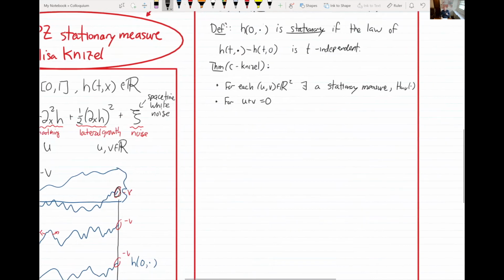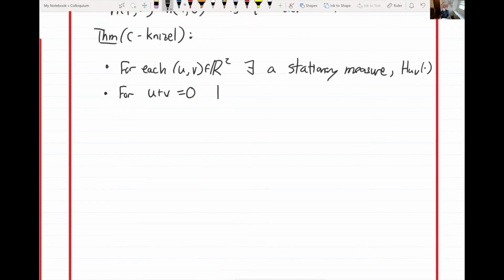So in that special case, the stationary measure is actually just a Brownian motion with drift U, which is the same as minus V. Remember in my little preface, I said the simplest cases are when you have product invariant measure.